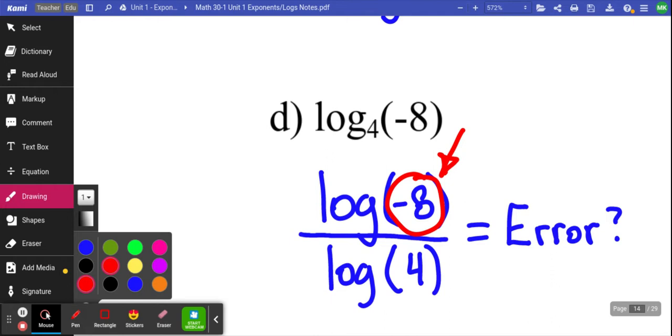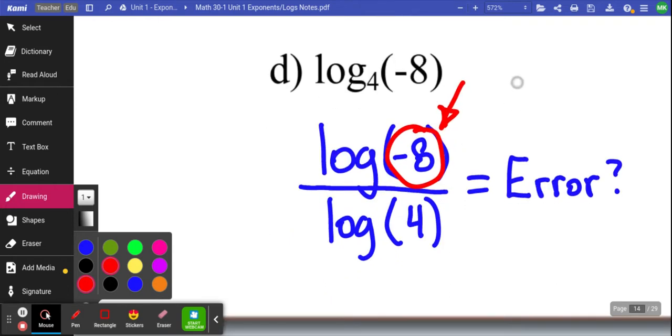It's not possible. There's no way you're ever going to have 4 to the power of something turn into a negative number. So you can't have arguments that are negative like that. Therefore, it's got no answer. You could put no solution, whatever tickles your fancy. No answer, no solution, NA, it all kind of works. You'll see me put no solution.